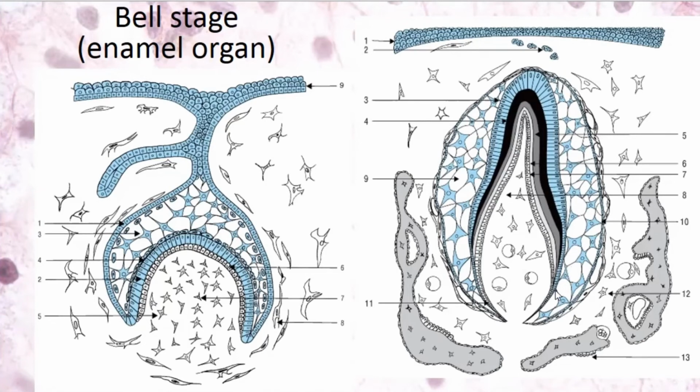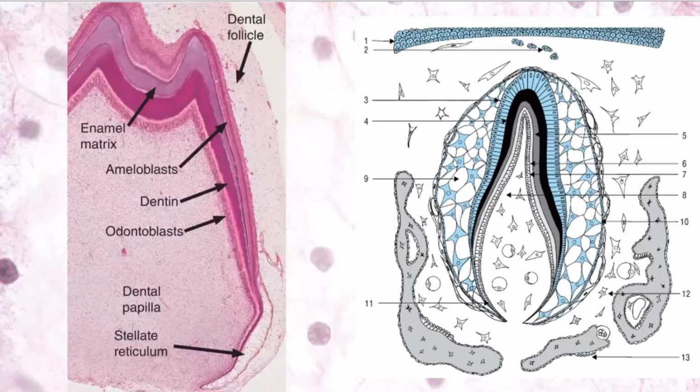And cementum is formed by the tooth bag, tooth sac, dental sac, and there are mesenchymal cells which surround the sac, and they are specialized, and they become cementoblasts, and then they become cementocytes, which form cementum.